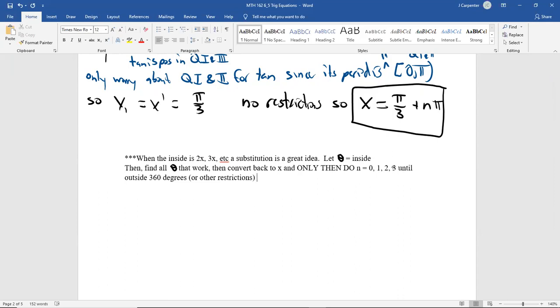Final memo for this. Make sure, and in all caps, because the order you do this matters, you add the n pi or 2n pi.